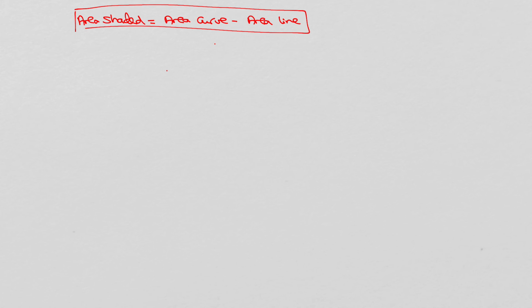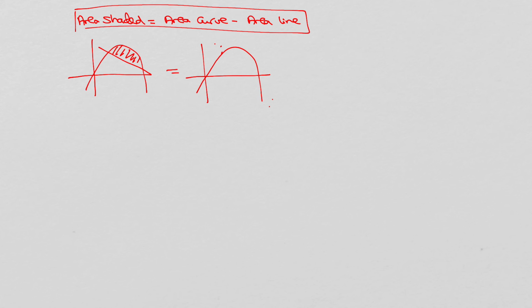So again, if I was to sketch that, that shaded bit is equal to the area under the curve between the limits of 4 and 2, which would give me all of that bit, minus the area under the line between that limit, which would give me this bit here. So by subtracting them, I'll end up with the bit that I'm looking for.